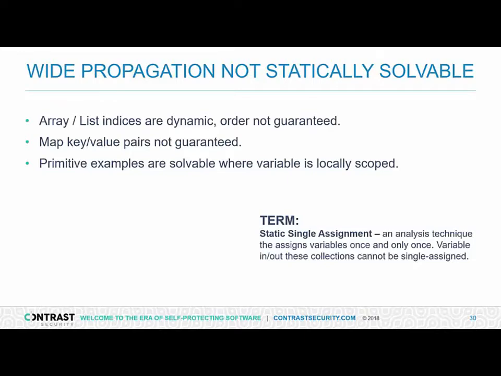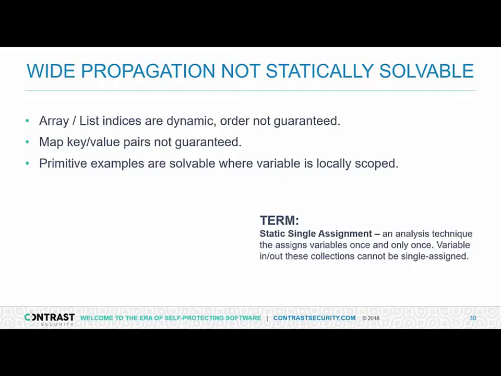And what static single assignment does is it makes sure that each variable is assigned once and only once. So through that, if something is only assigned once, then you can always identify what it is. This is done under the hood within the compilers and analyzers in order to help them track.